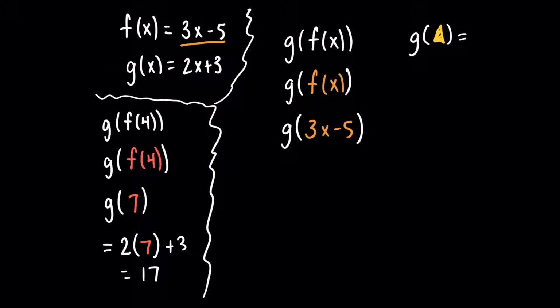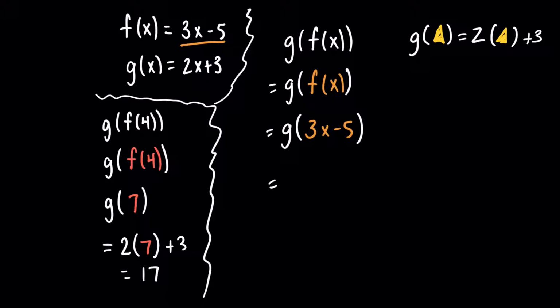The rule tells you what to do. G of yellow triangle is 2 times the input, which in our case is yellow triangle, and then you add 3. I'm just literally reading the rule right here. It tells us double it and then add 3. Okay, so if you want to know what g of 3x minus 5 is, then just follow the rule.